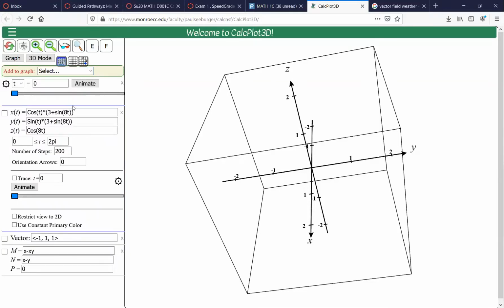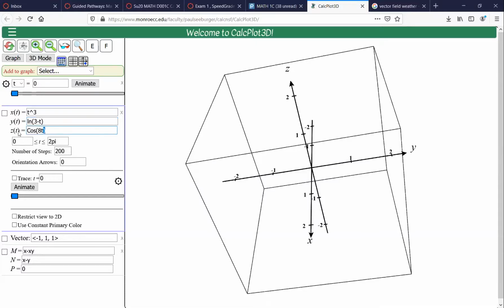Space curve, maybe. Okay. So the first one is t cubed. The second one is ln of (3 minus t).